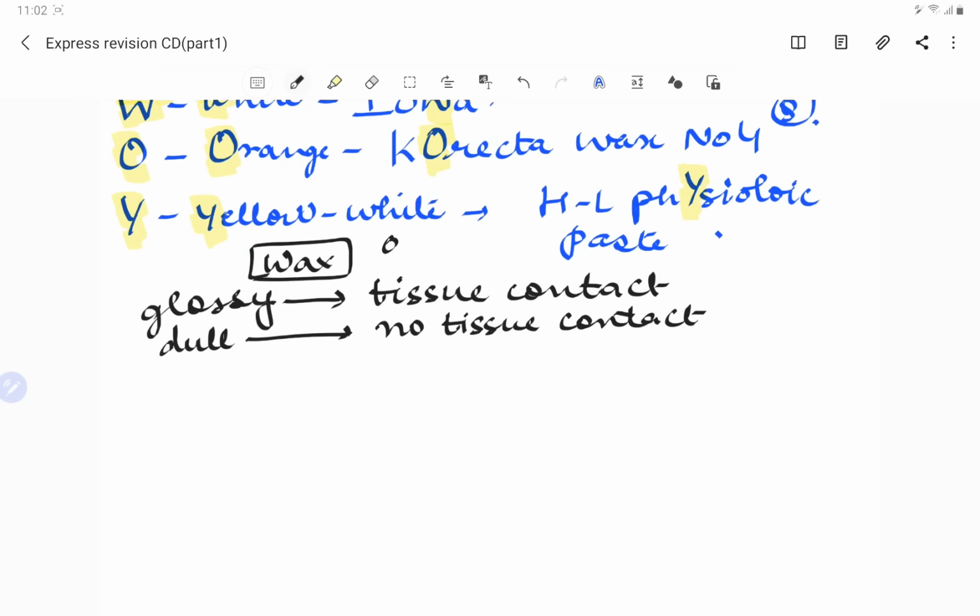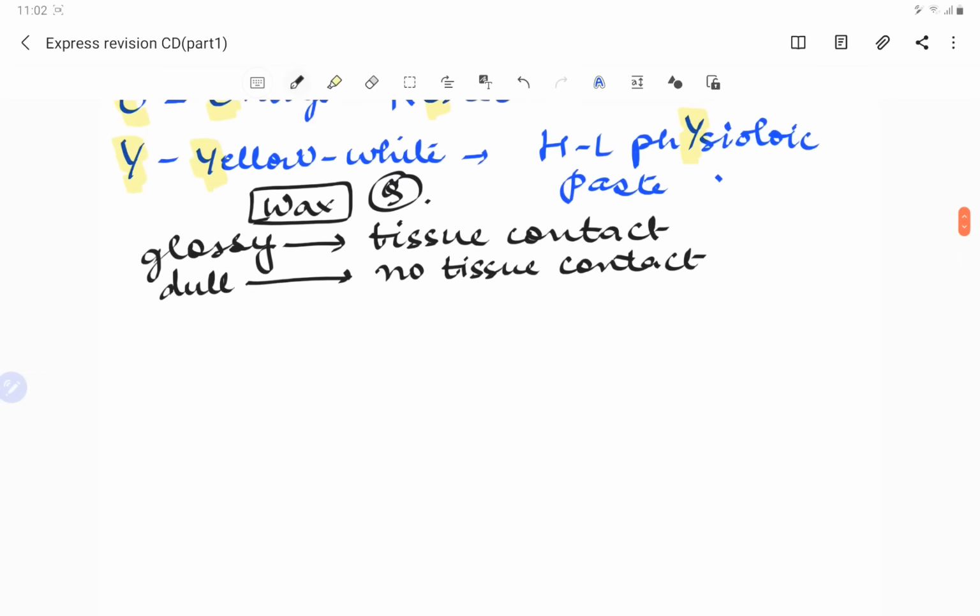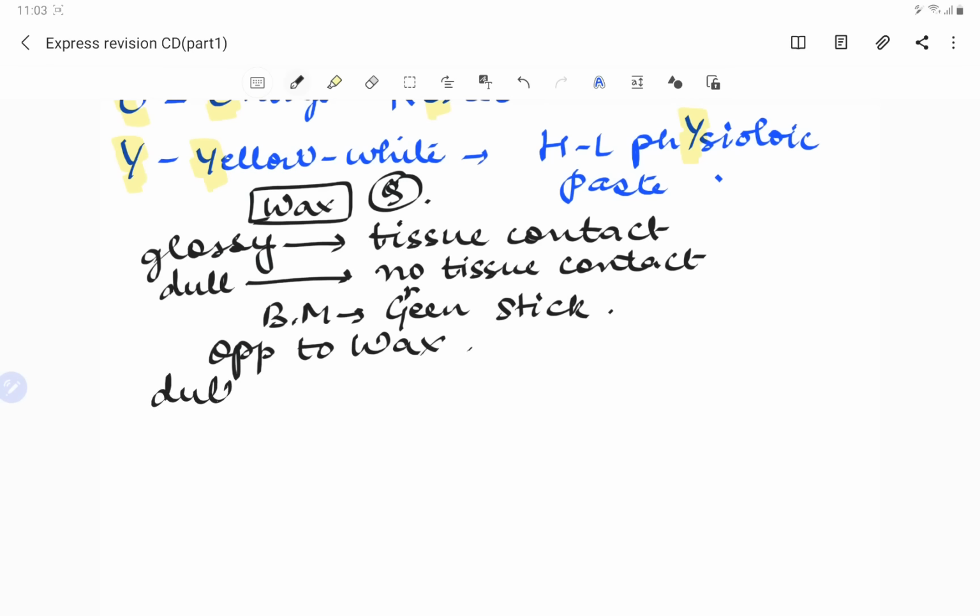Okay. And if we talk about the border molding, we take green stick, right? Low fusing green stick. It is opposite. That means the glossy area in the green stick will not record the tissue, and the dull area will record. If the area is dull, there is going to be tissue contact.